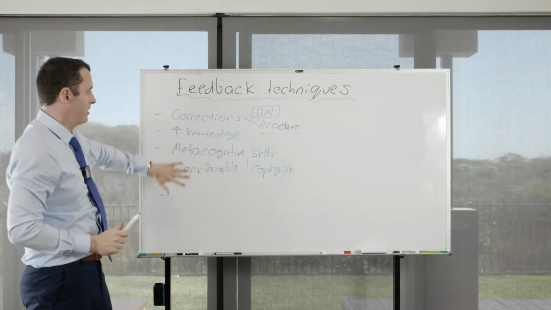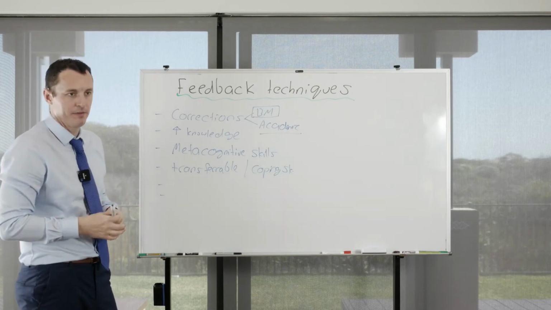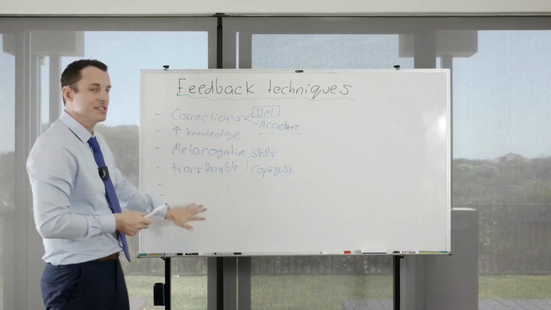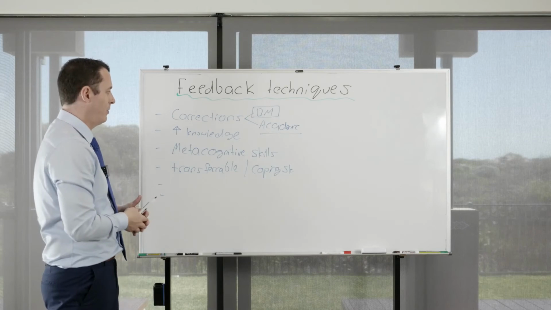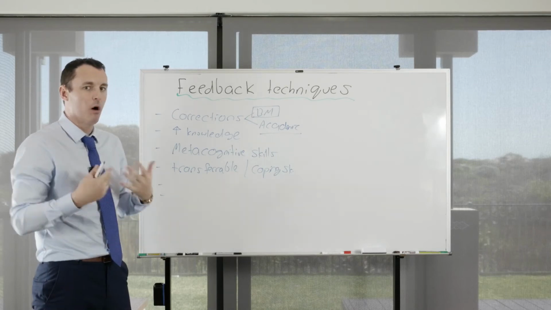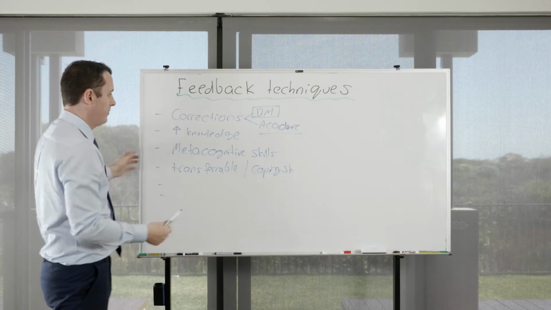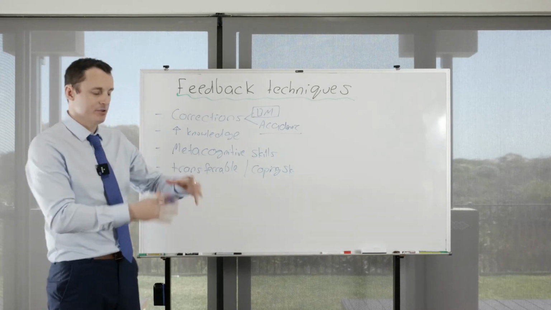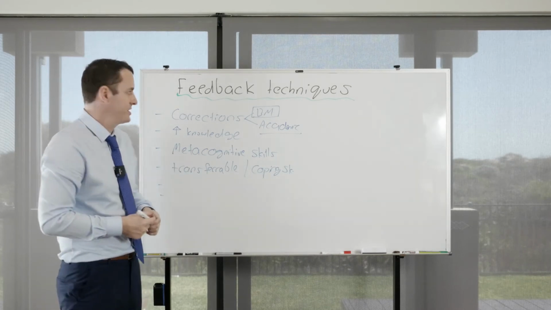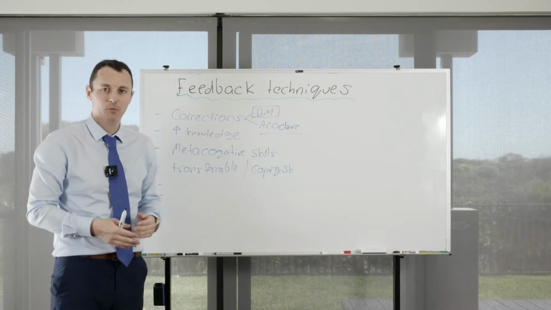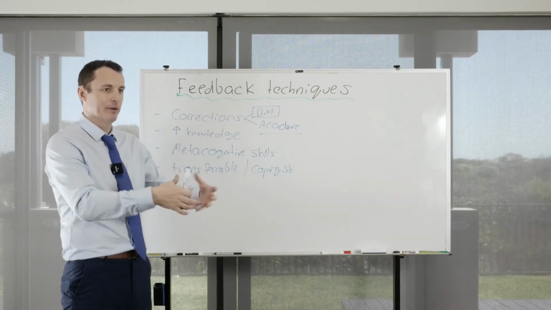Because there are lots of different ways in which you can provide feedback and lots of different reasons for that feedback, it's important to consider why you are providing it. For example, if you walk around and you're just sitting with a group of 2 or 3 students and constantly correcting their work, you've got to think, are they going to be improving?